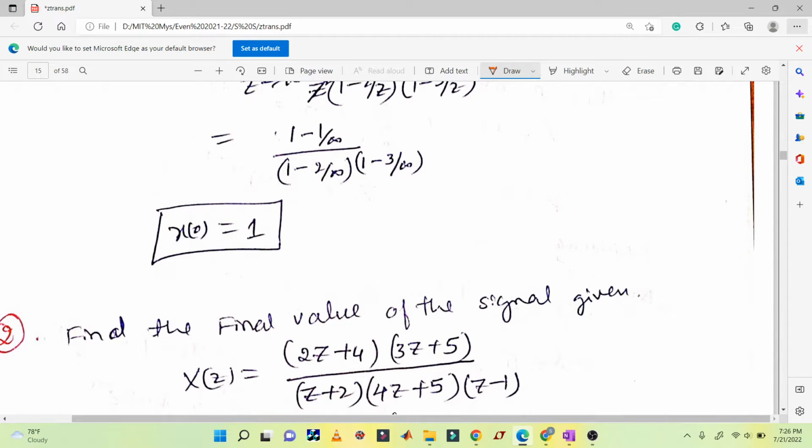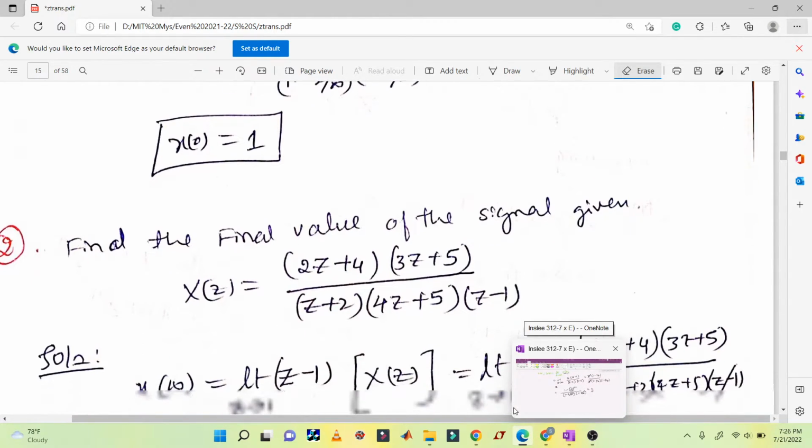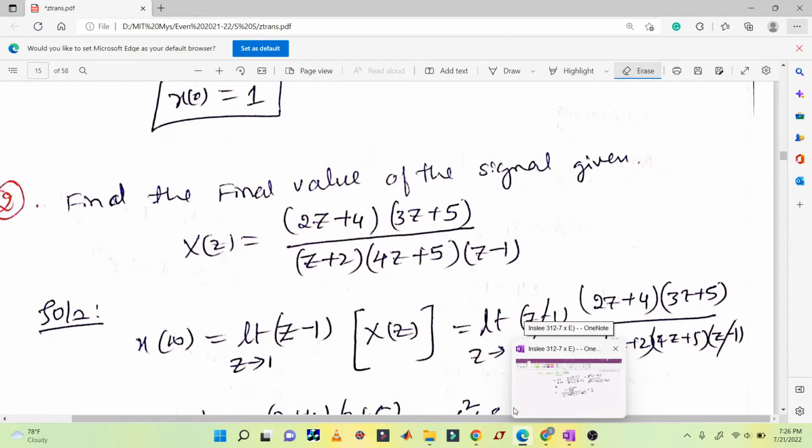Now the second problem we are going to discuss is on the final value theorem. I hope you have understood how to calculate the initial value of the given signal.